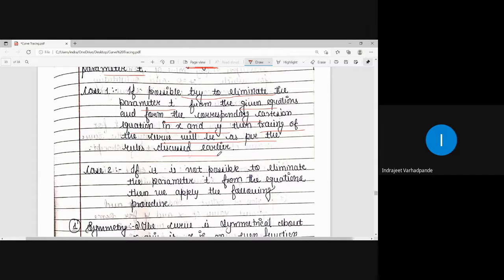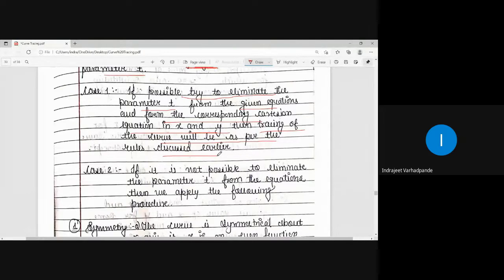If we are aware of the conversion, try to convert the parametric curves into Cartesian form, so that whatever rules we have discussed earlier pertaining to tracing of Cartesian curves apply. What were they? Symmetry, origin, nature of origin, then asymptote, intercepts, region of extent, and lastly plotting of points and then drawing the curve by joining them. These are usually the steps to be followed for tracing Cartesian curves.